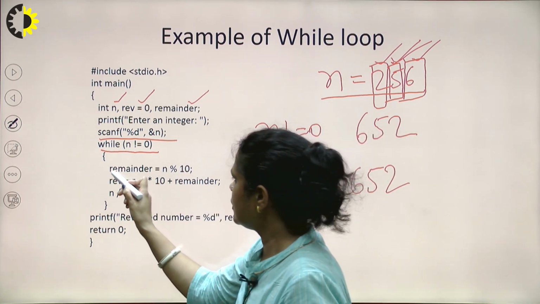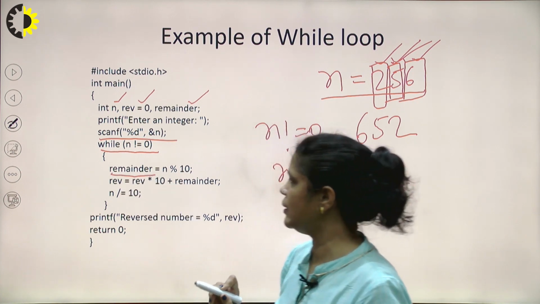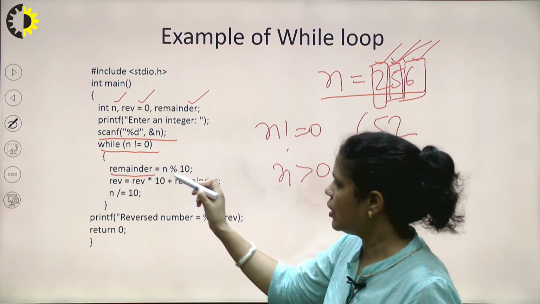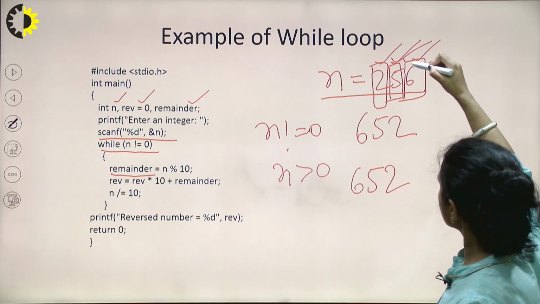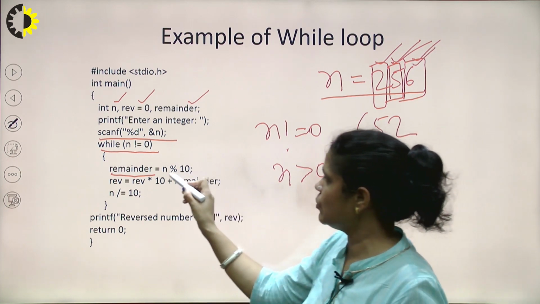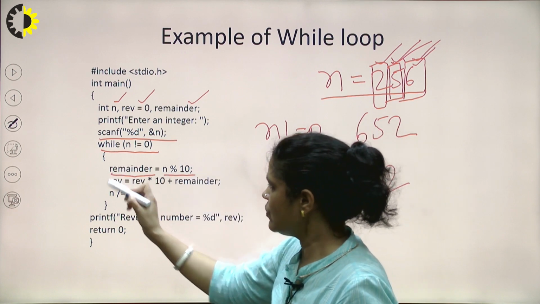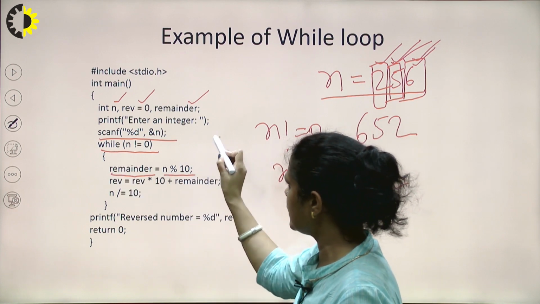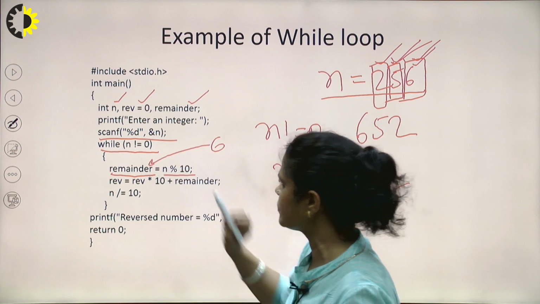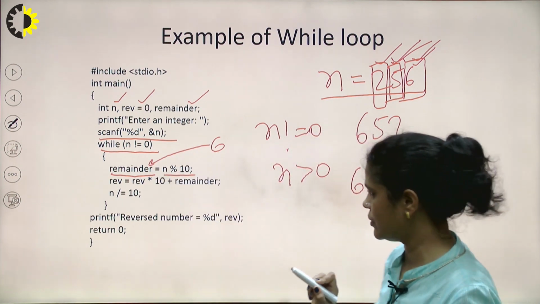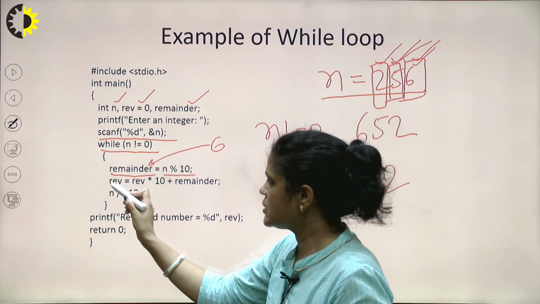Then we have a variable remainder, and because we need to separate out only this digit, we will take the modulus with 10, right? And now what will come in the remainder? In remainder we'll get this 6, right? That will be assigned to remainder. And then this is the reverse number.